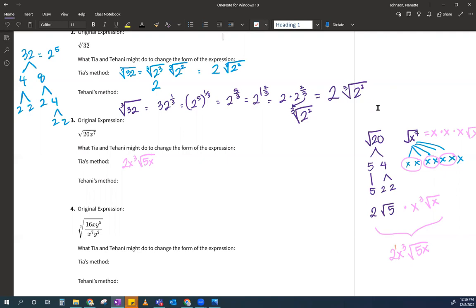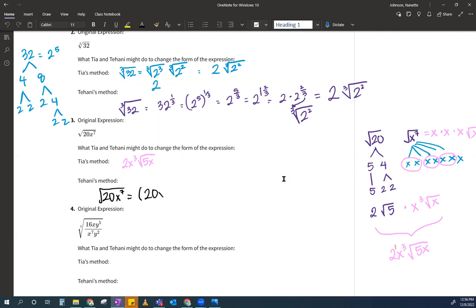How do I write the square root in exponent land? Yeah, to the 1/2. So we write it like this. We write 20x to the 7th to the 1/2.